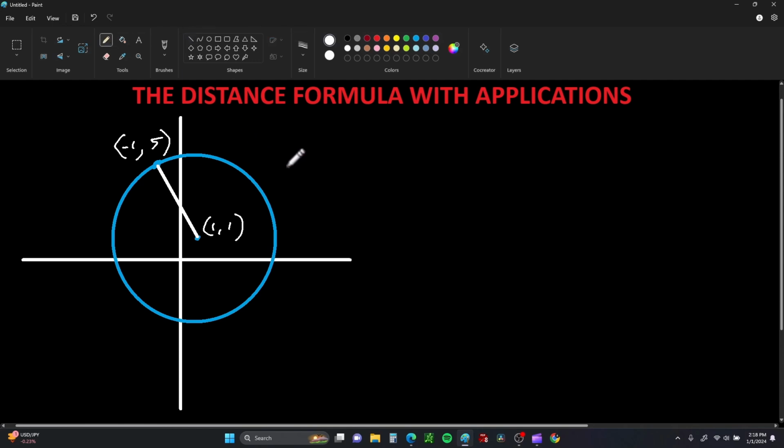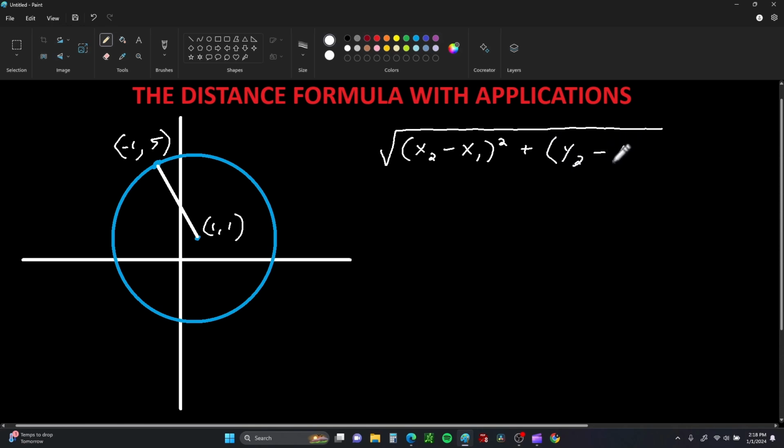So I start off with the square root, and I want to find the distance between the x's, square it, and add to that the distance between the y's. I square that too.